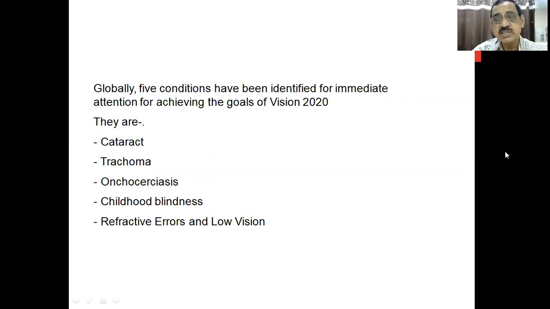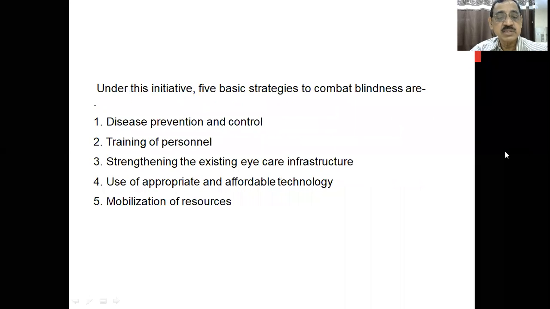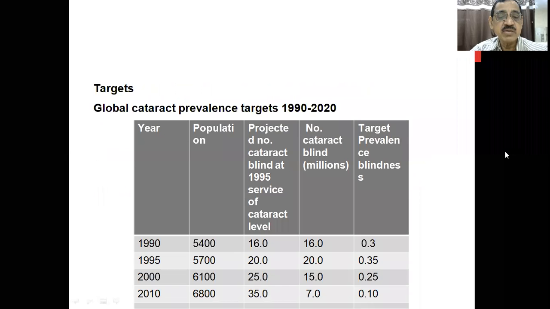Globally, 5 conditions, as I mentioned yesterday, require immediate attention for achieving the goals of 2020. First, they will have to tackle cataract, glaucoma, onchocerciasis, childhood blindness, refractive errors, and low vision. So these conditions, we have seen, have been initiated. All these things I think we covered yesterday.